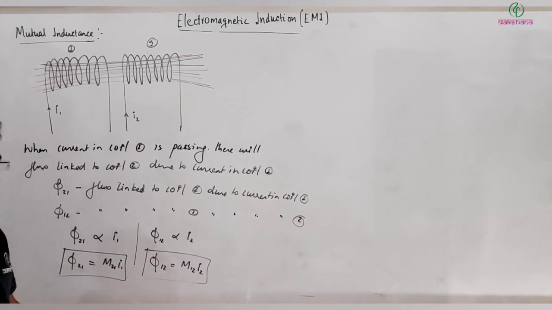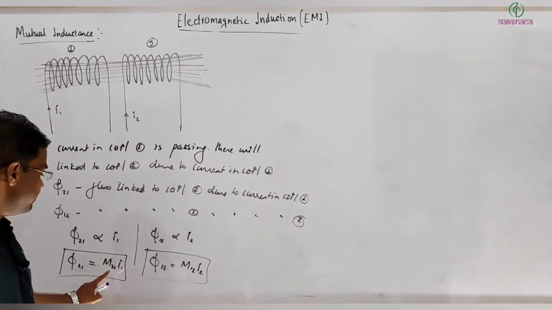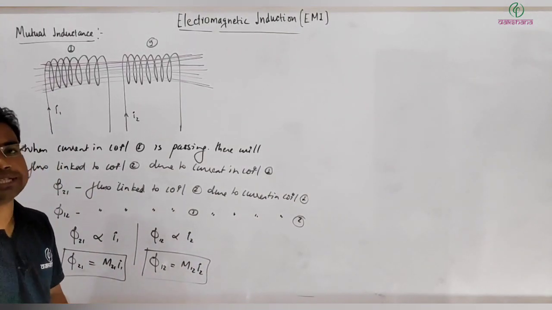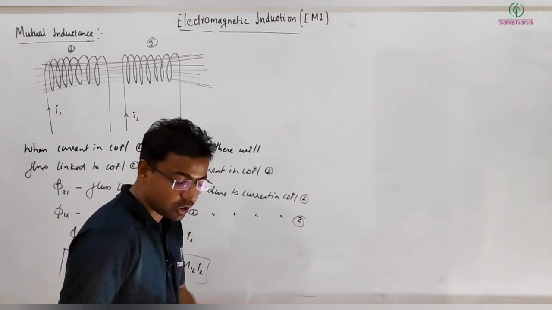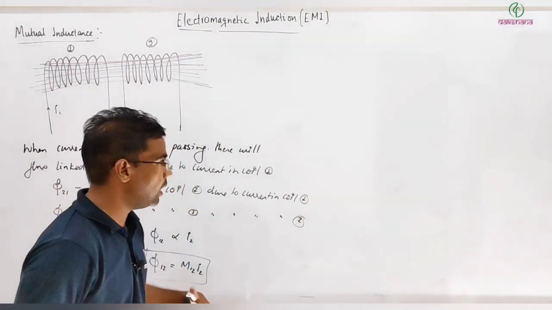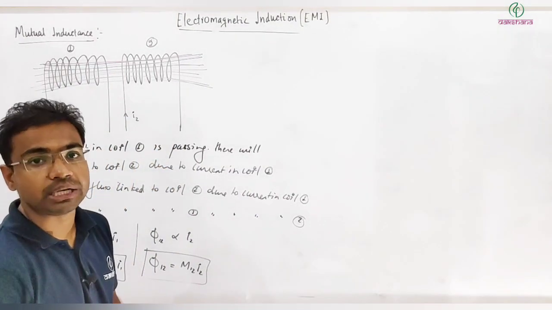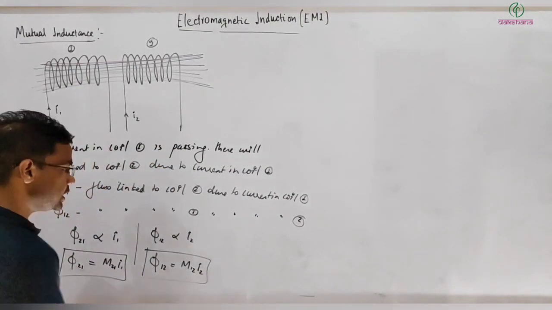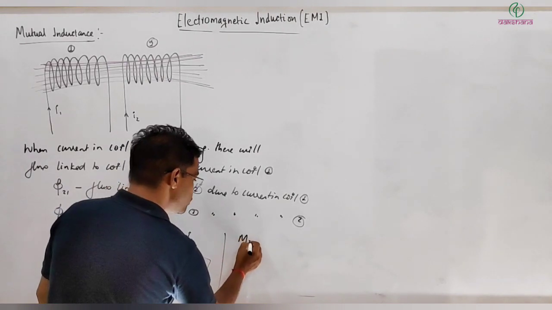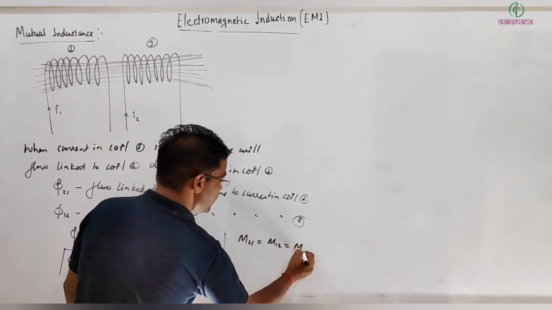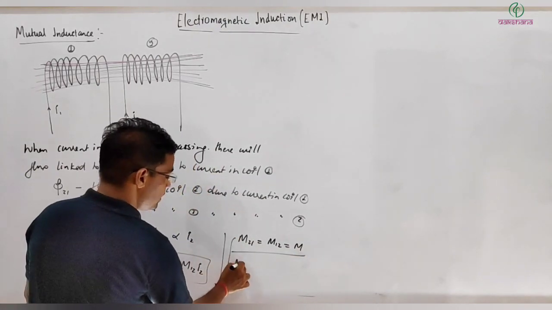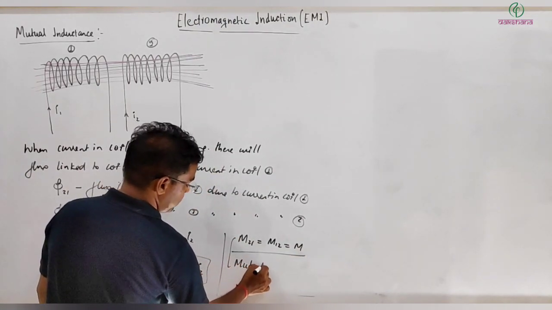I will show you exactly with the calculation. This M21 and M12 are actually equal. Sometimes it's 0 also, that depends on how the coils are coupled. But I will prove this M21 is actually equal to M12 and we write it simply as M, and this is called mutual inductance.